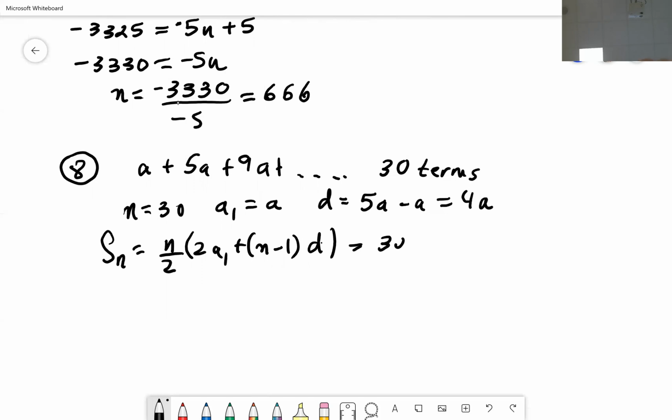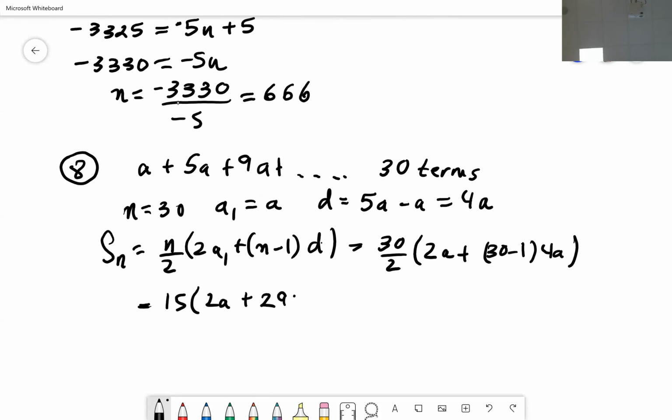We have 30 divided by 2, twice a, plus 30 minus 1, which is just 29, but I'll go ahead and write it, times 4a. So we have 15 times twice a plus 29 times 4a. 29 times 4 is 116.